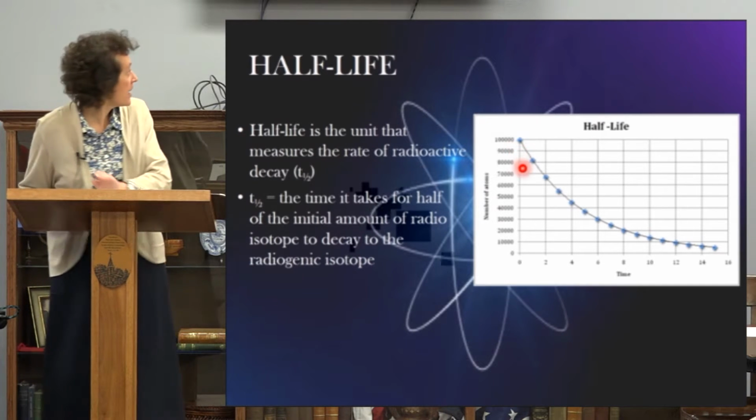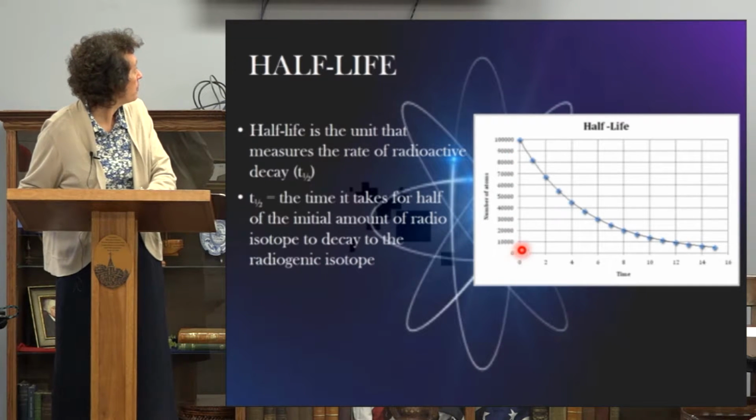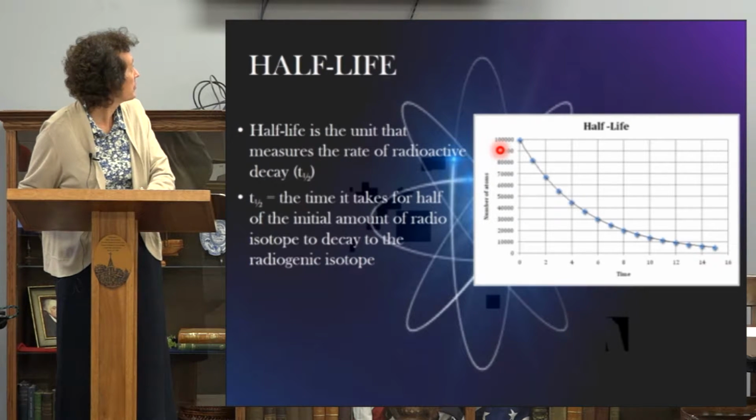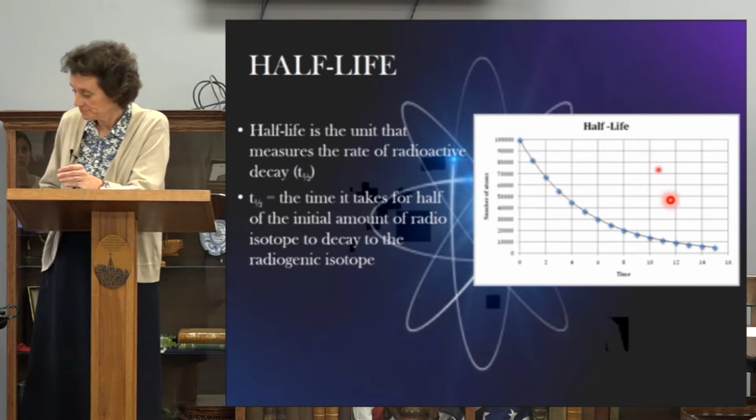And then at time 0, you can see if we had 100,000 grams or whatever number of atoms on this scale, if we had 100,000 atoms at time 0, all right, by the first half-life, we are going to be down to how many grams?